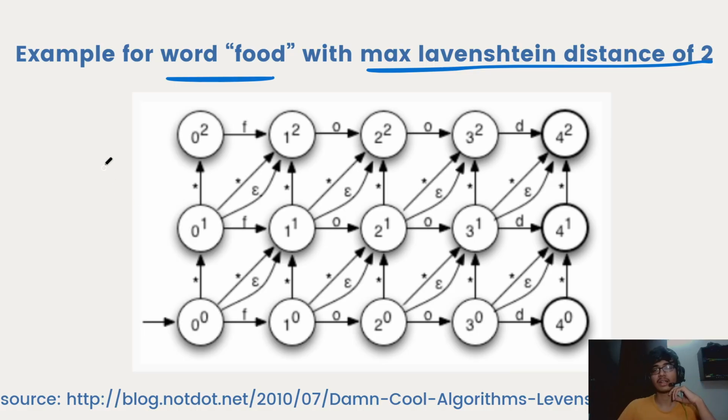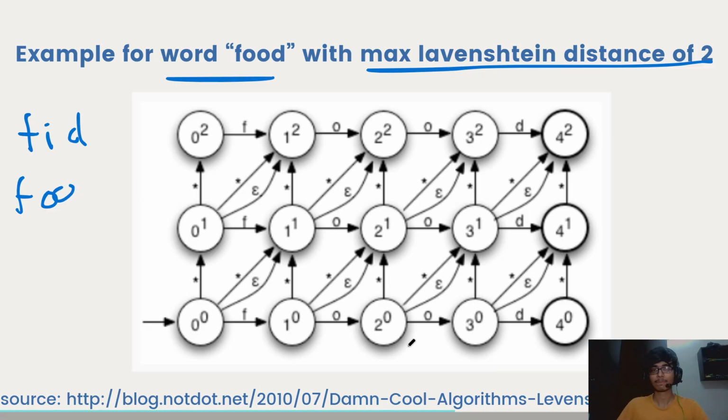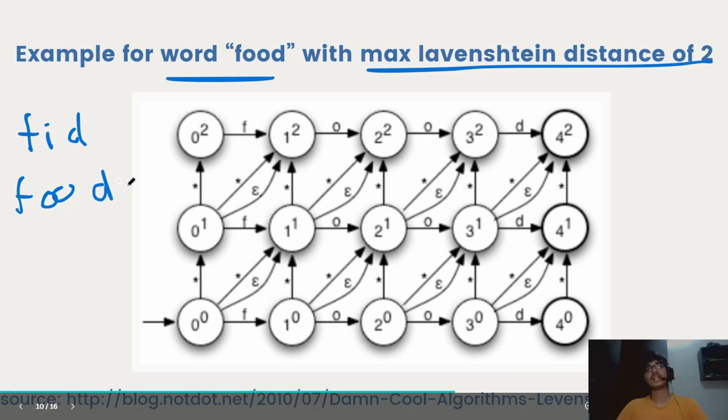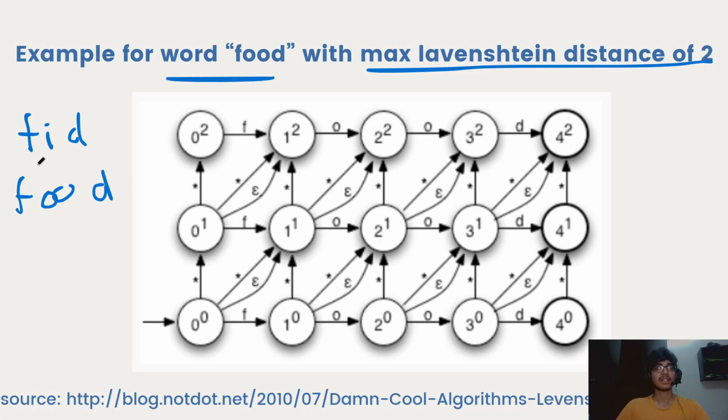So I'll give an example. Let's say the example is FID. Okay. So if I compare it to the actual word food, I can see that F remained as it is.